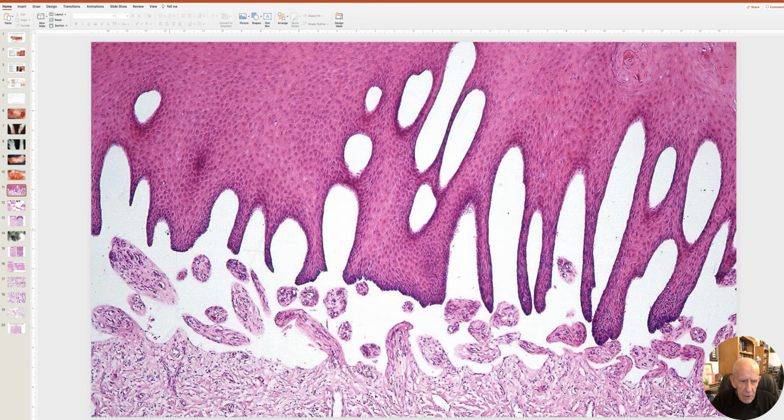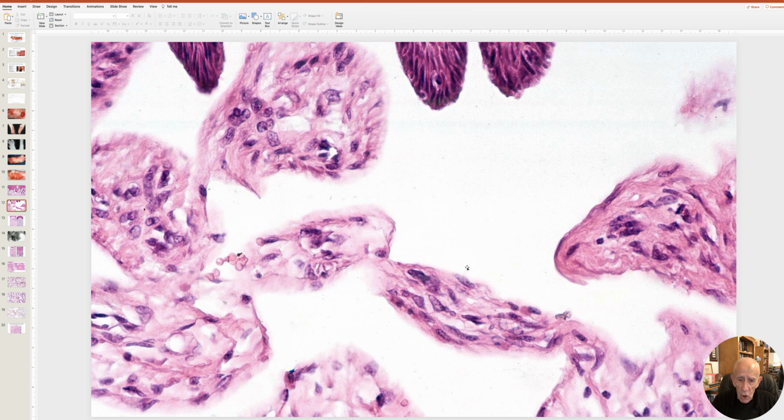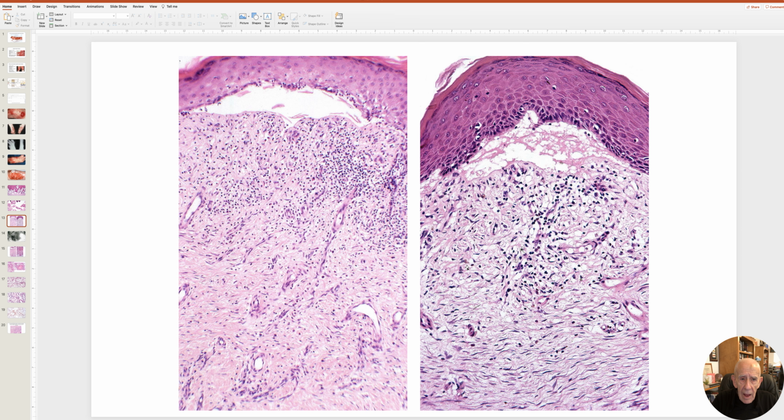But you'll notice the epidermis, the basal layer, very clearly outlined, and then the dermal papillae presenting as stretched structures with a bit of chronic inflammation. But you'll notice the blister cavity is completely cell-free, and there's a close-up view there of the dermal papillae. And very often, if you get a biopsy of an evolving lesion, you'll see a subepidermal blister, and then there's massive scarring of the underlying dermis.